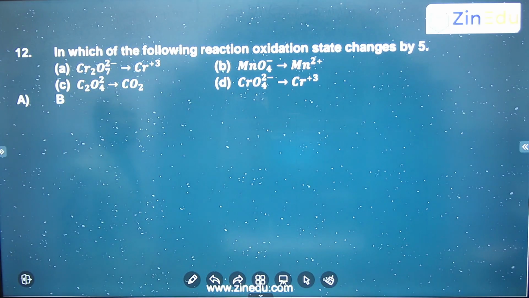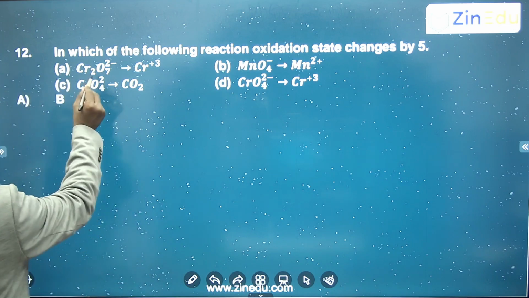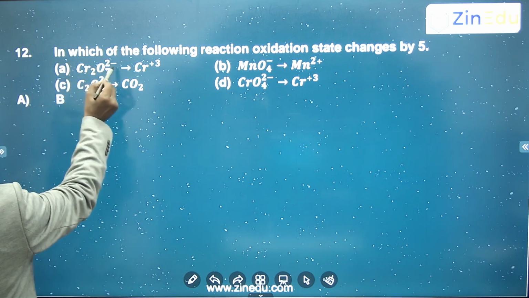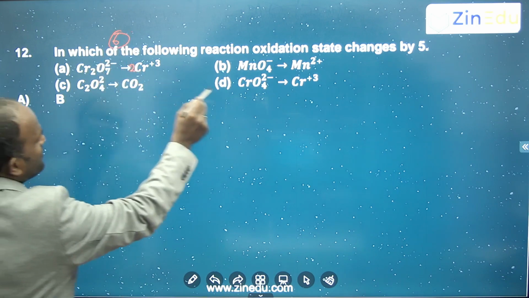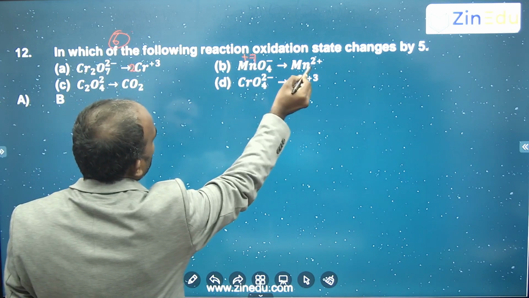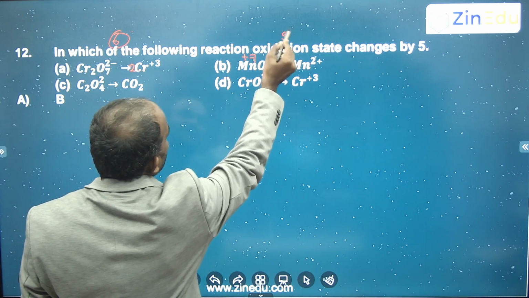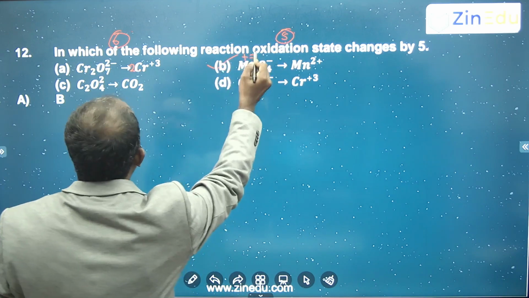Next, in which of the following reactions does the oxidation state change by 5? Here Cr2O7 2-, Cr2, we put 6 electrons transferred. Here this is plus 7 to 2, therefore the oxidation state changed by 5. So this could be the answer.